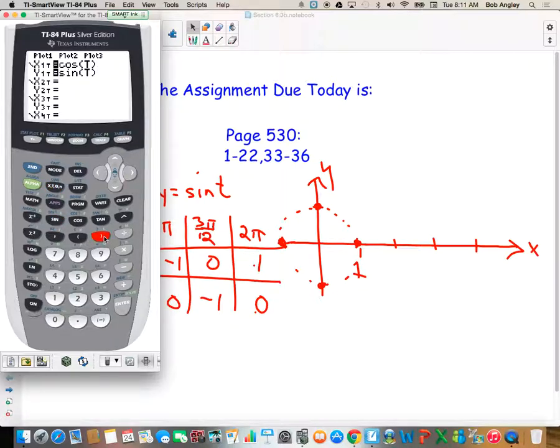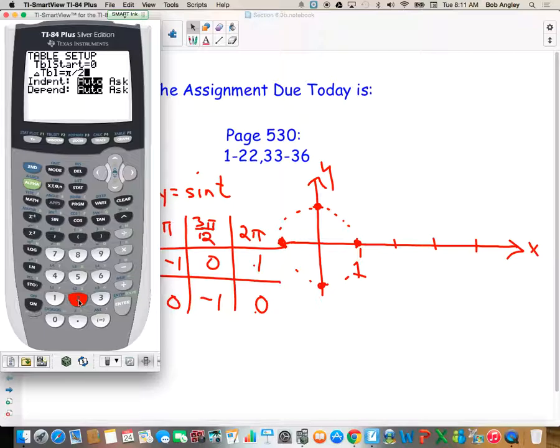Okay, now if we go second and then window, which is table set, we can come down to the independent variable. Well, we don't need to do that on this one. Because our numbers go 0, pi over 2, pi, etc., we can start the table at 0 and go up by pi divided by 2.